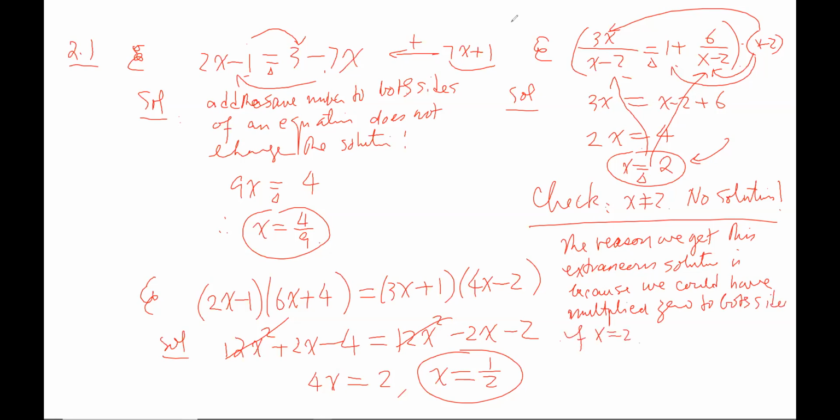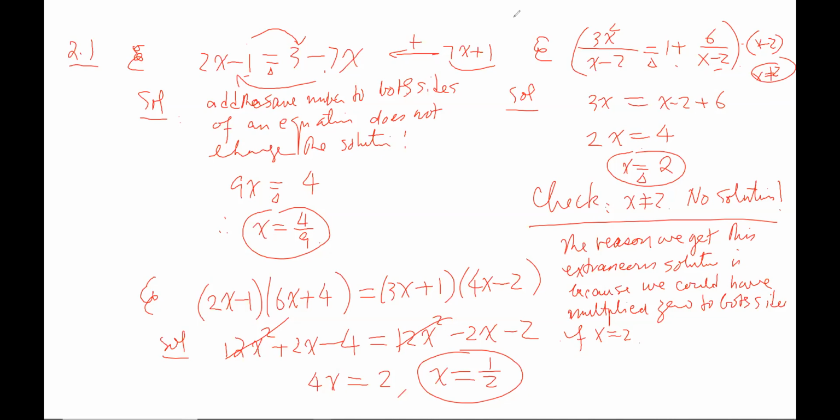So in other words, if you really want to do your algebra right, you have to assume at the beginning that x cannot be equal to what? You have to assume that x cannot be equal to 2. If x equals 2, you cannot do the first step. So your algebra is wrong if you do not assume x is not equal to 2.